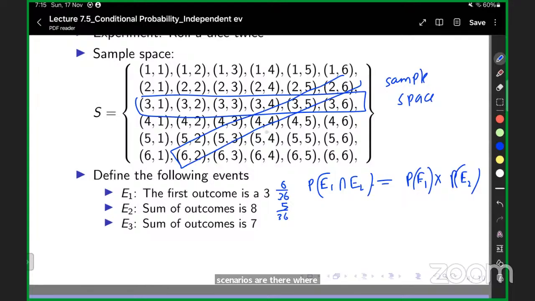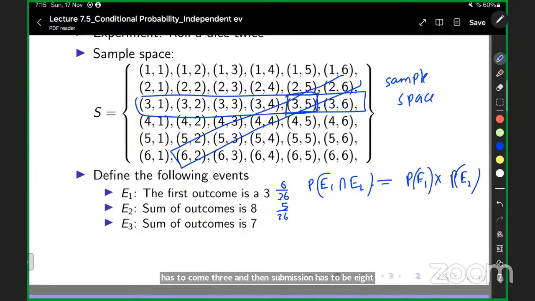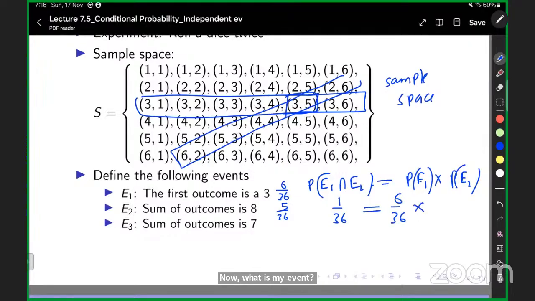Now they are asking what is E1 intersection E2, right? E1 has to happen, means first has to come 3, and then the sum has to be 8, which is only possible in one scenario, correct? So that is 1 by 36, this E1 intersection E2. Now what is my E1? E1 is 6 by 36. What is my E2? E2 is 5 by 36.